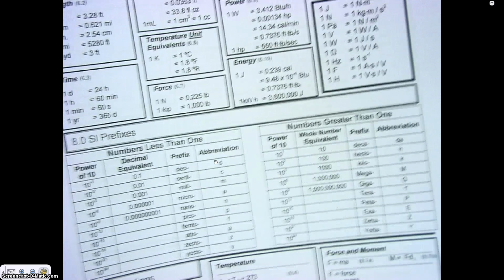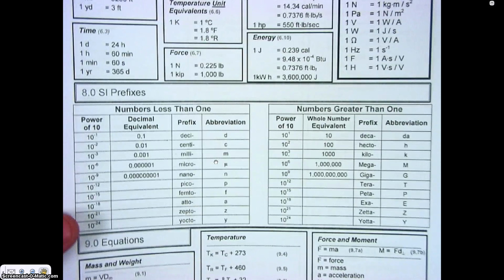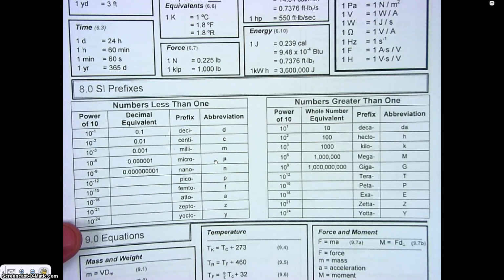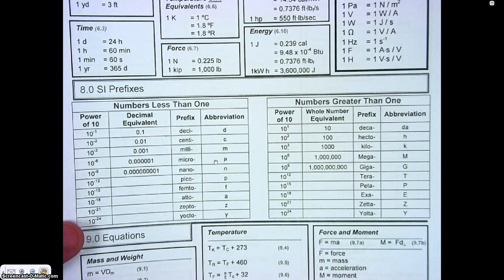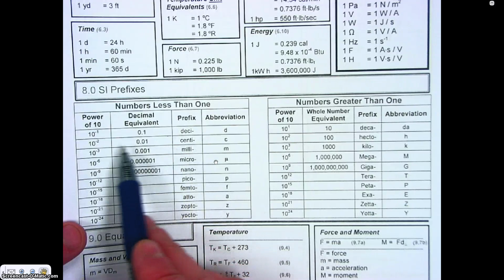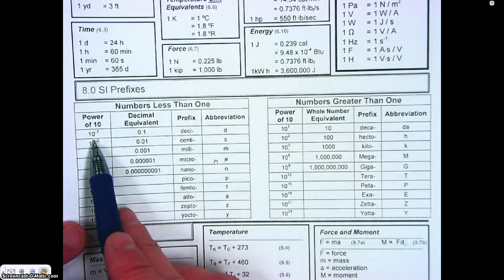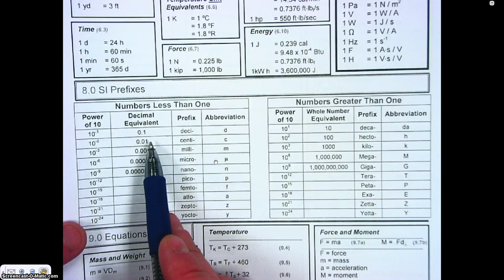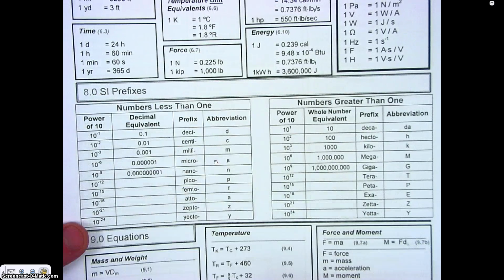If you pull out your engineering formula sheet, you can look on page 3 at the prefixes, and we can see that centi is 10 to the negative 2 power, or 1/100th is the decimal equivalent of that.